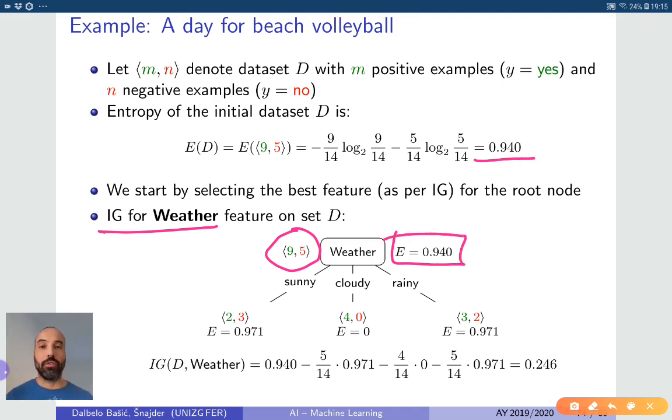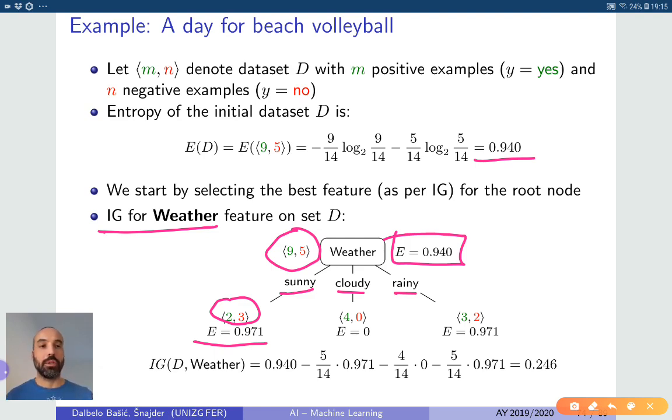Now weather has 3 feature values: sunny, cloudy, rainy. If we split by sunny, there will be 5 examples for which weather is sunny, of which 2 are positive and 3 are negative. If I compute the entropy of this, 2 positive and 3 negative, it amounts to 0.971.